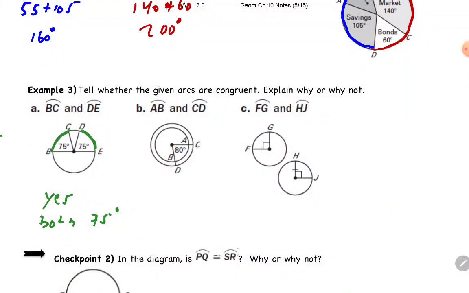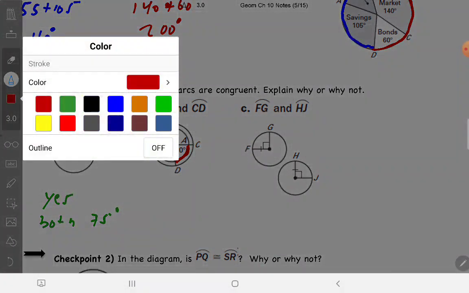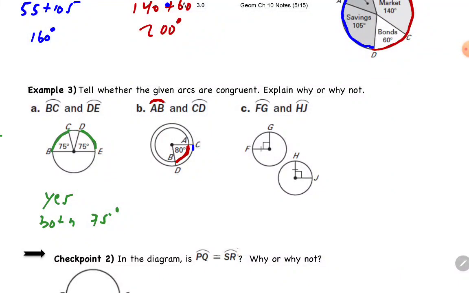AB and CD in the next one. So AB, that's the red arc here, and CD is right there. The central angle is 80 degrees.